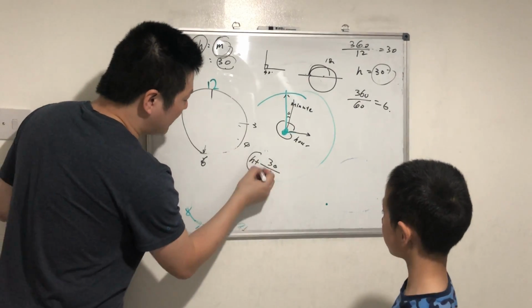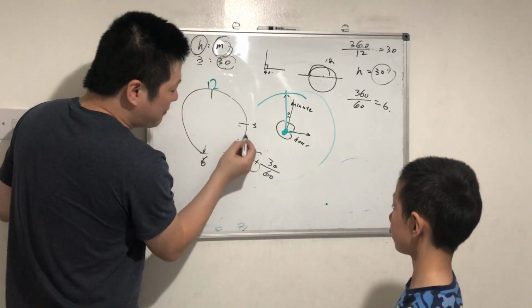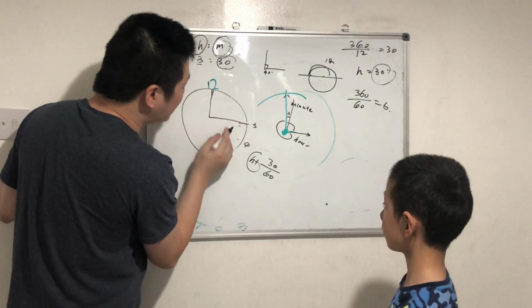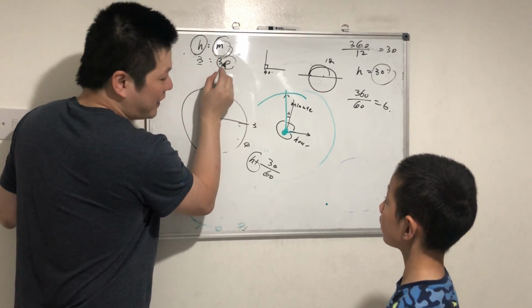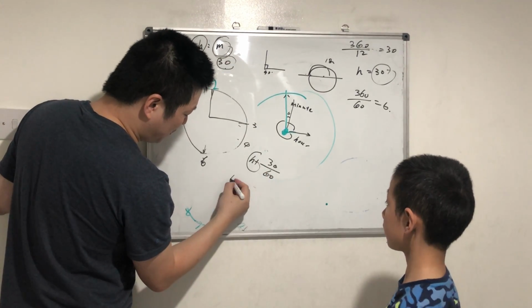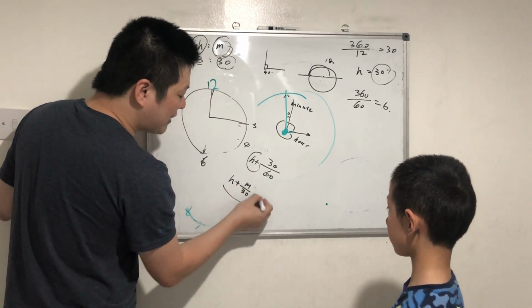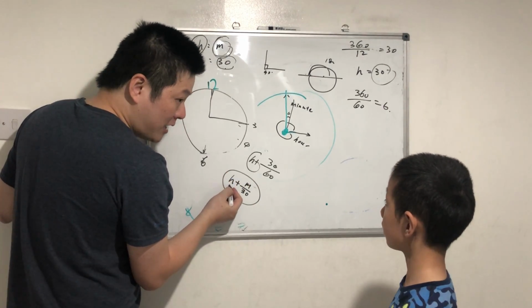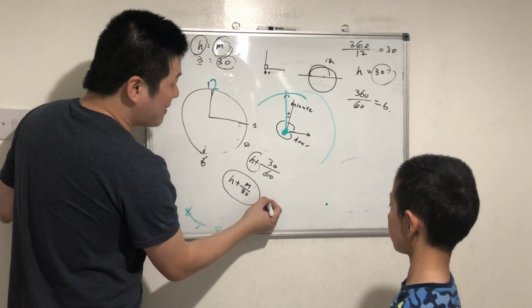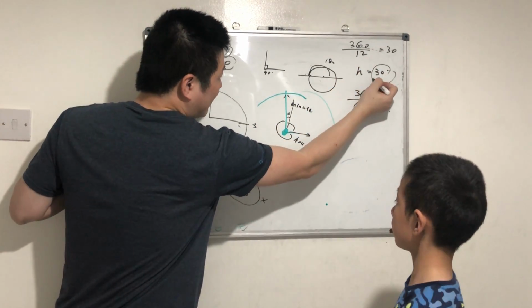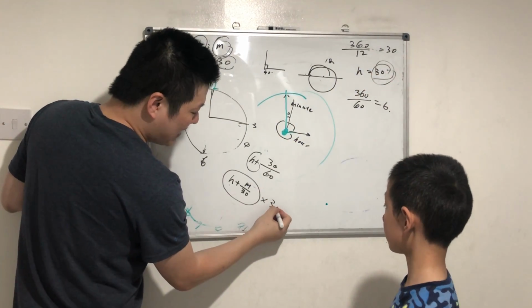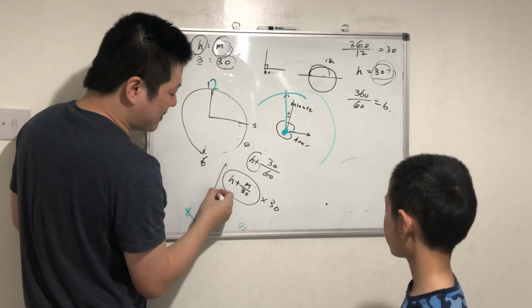If it's 3 o'clock, it moves at least 3, but it also needs to move part of the minutes. So it will be h plus m divided by 60. That's the total hours it moves, and each hour is 30 degrees. This is the angle of the hour.